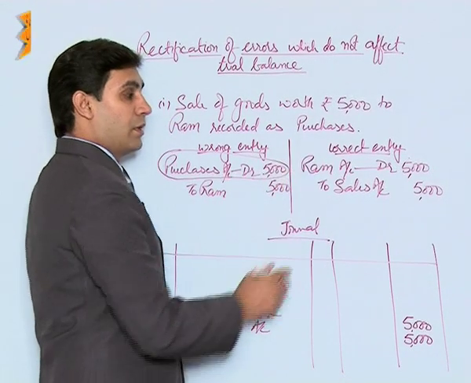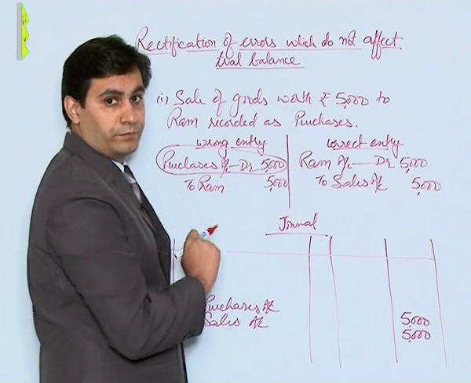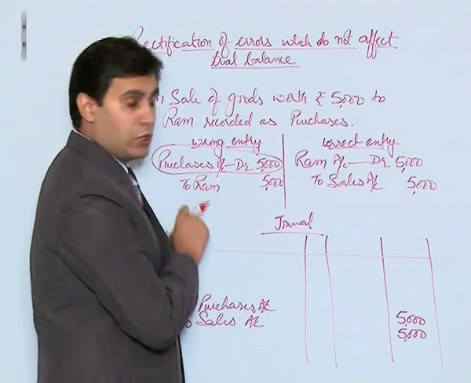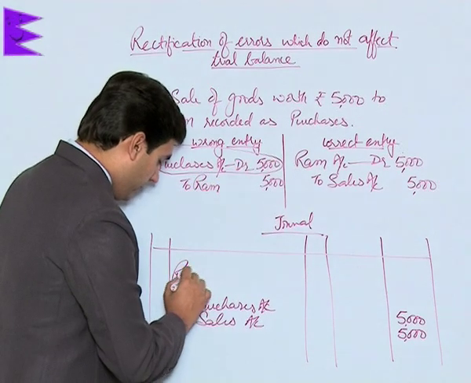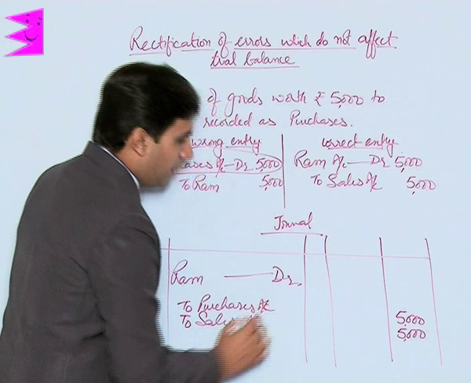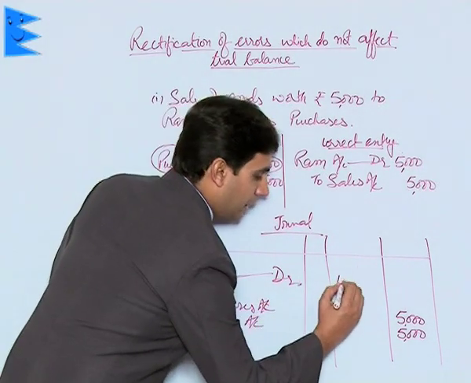Now students, according to the correct entry, Ram should have been debited. But here we have actually ended up crediting Ram's account. So we'll debit it because it should have been debited. So Ram debited, to purchases, to sales, amount would be 10,000.